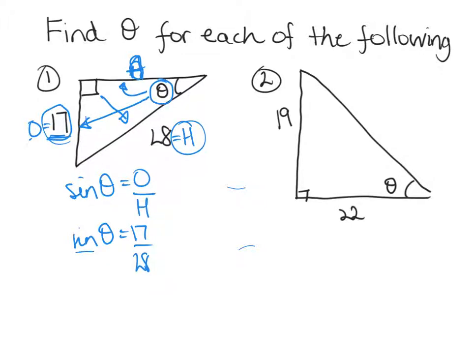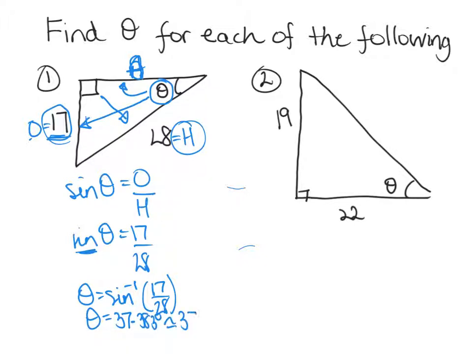Now, the opposite of sine is inverse sine. So if we go inverse sine, 17 divided by 28, we'll find that theta will be equal to 37.383, which is approximately equal to 37.38.